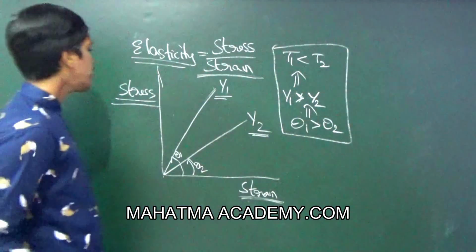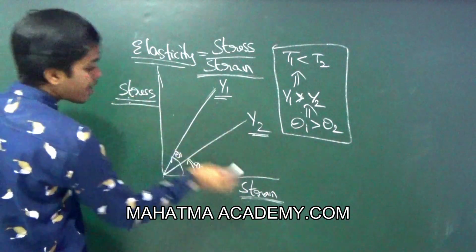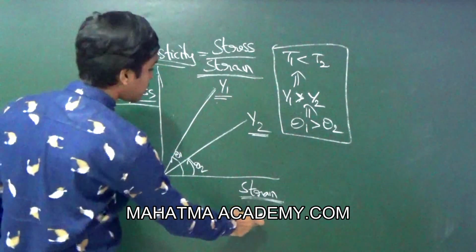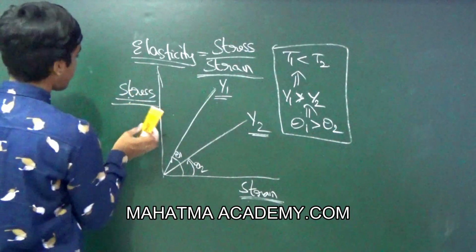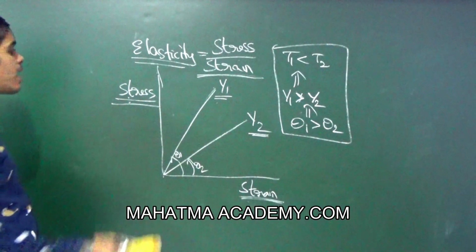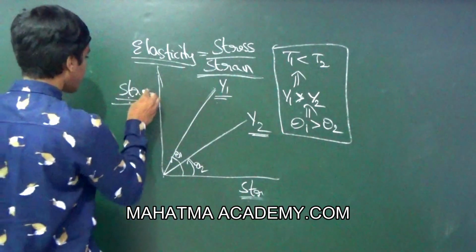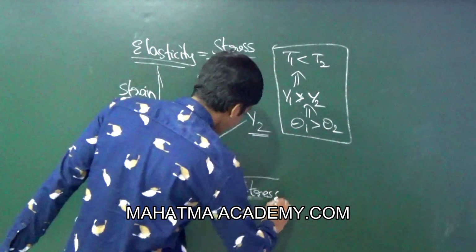This is if stress and strain are given in the y and x axis. What happens if strain and stress are given in the y and x axis? We will see. Let's copy. Strain and stress.